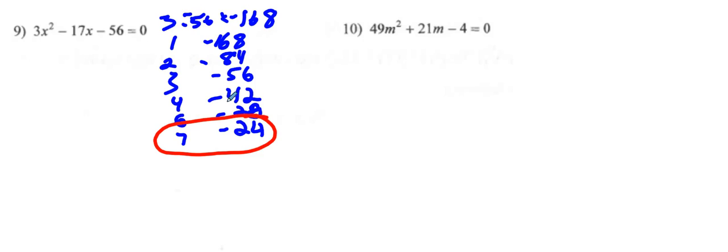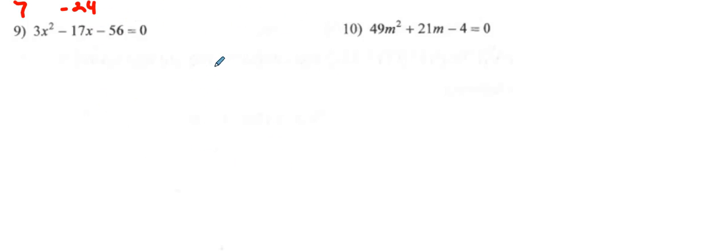So now we're going to start splitting this middle term. It's 7 and negative 24 that we're looking for. All right, so we keep the 3x squared, we just bring that straight down.